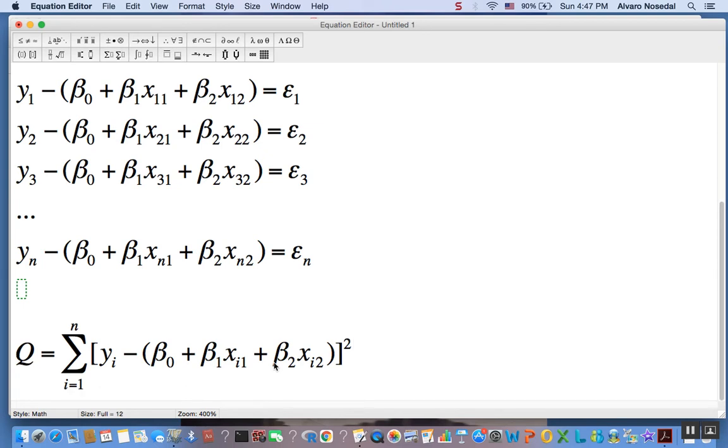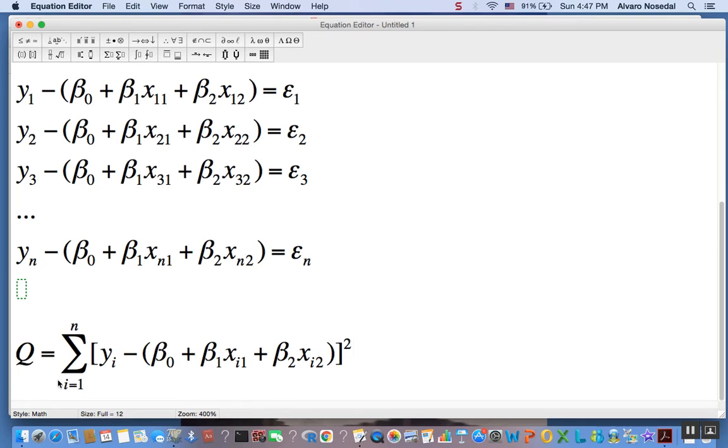Back then, when you did that with respect to beta 0 and beta 1, you ended up with a system of equations, and we called that system of linear equations that resulted after you took the partial derivatives the normal equations. Remember? Well, we are going to have the same thing here.